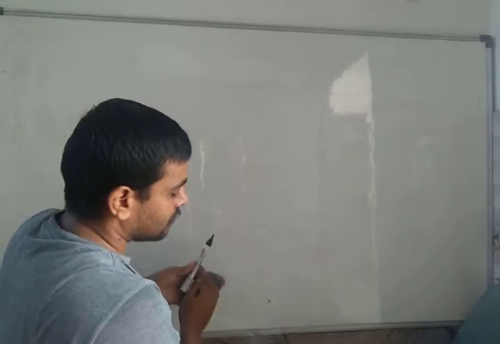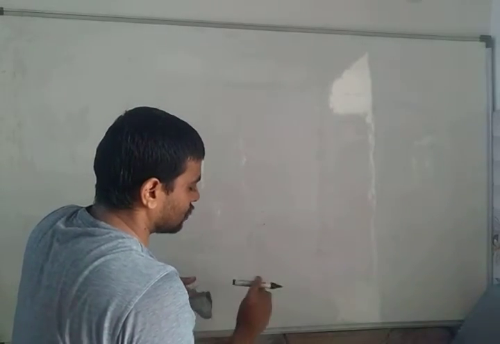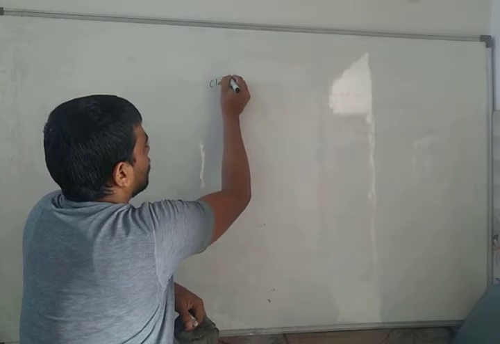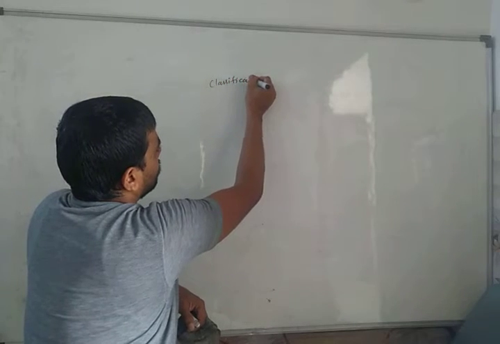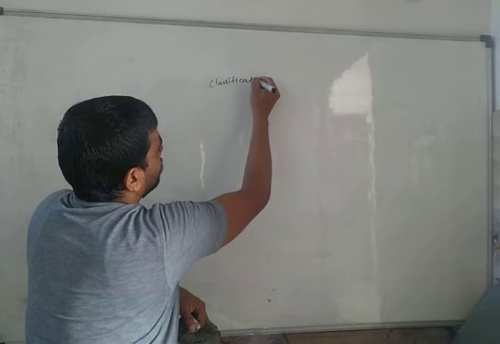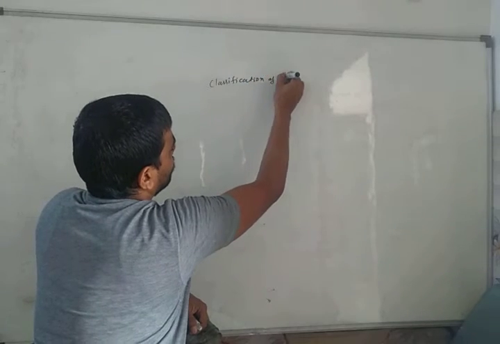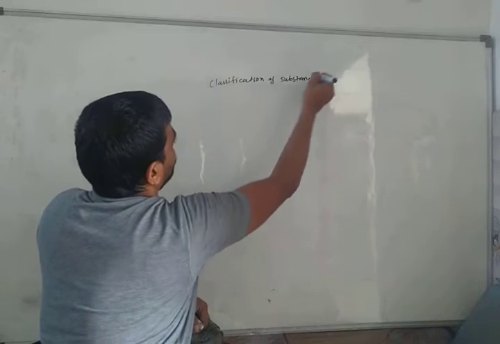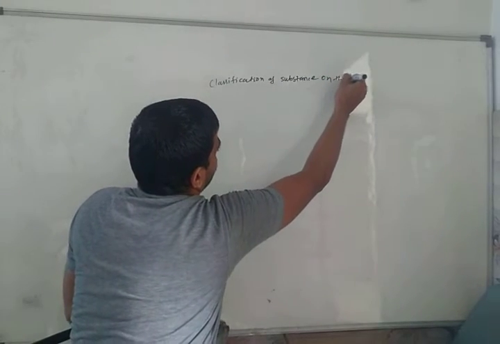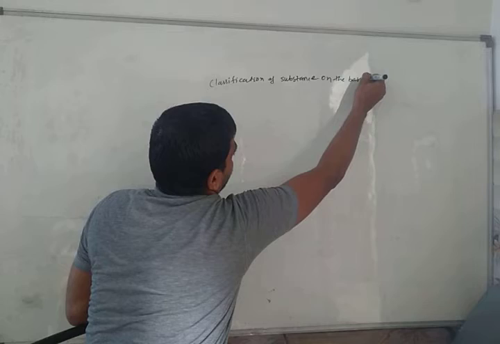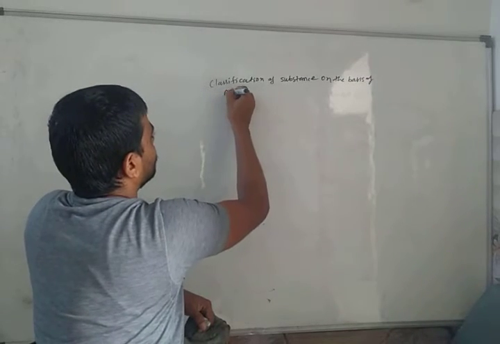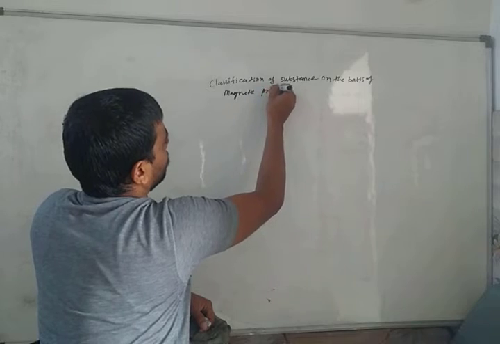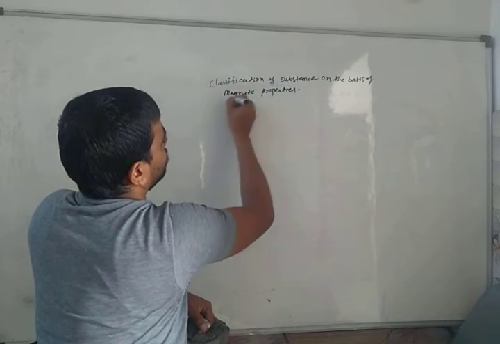To understand this, we just draw a flow chart. Classification of substance on the basis of magnetic properties.